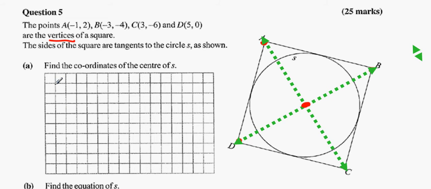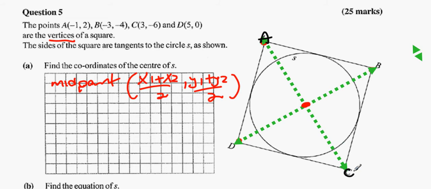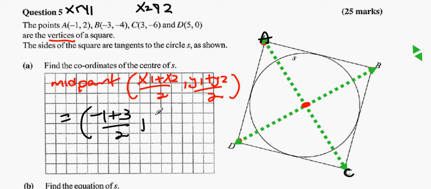So we go to our maths tables and we get the midpoint formula, which is (x1 plus x2) over 2, (y1 plus y2) over 2. We're going to use A and C here. So we call A (x1, y1), and C (x2, y2). So what we're going to get for the midpoint is (minus 1 plus 3) divided by 2, and on the other one we're going to get (2 plus minus 6) divided by 2.